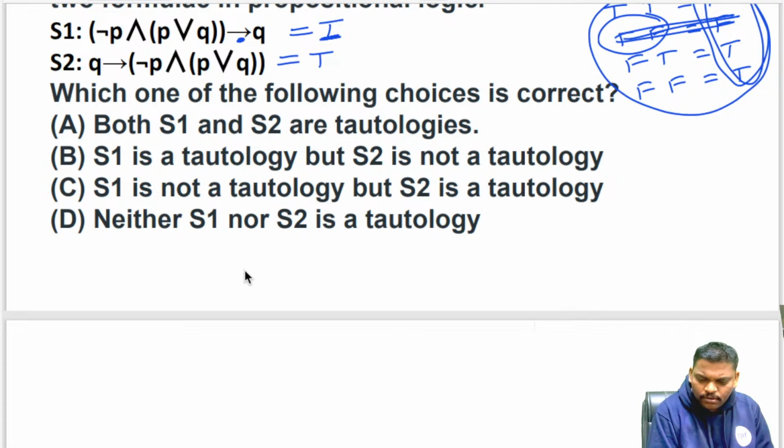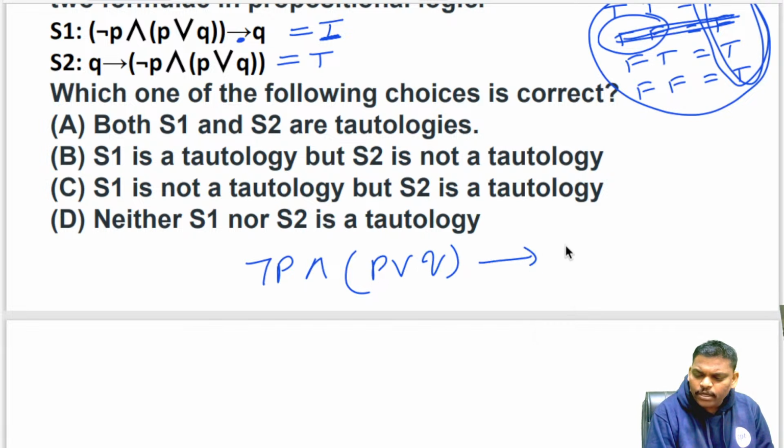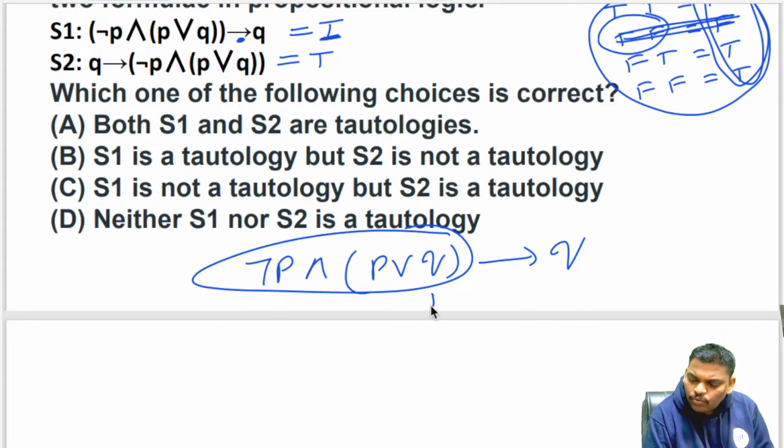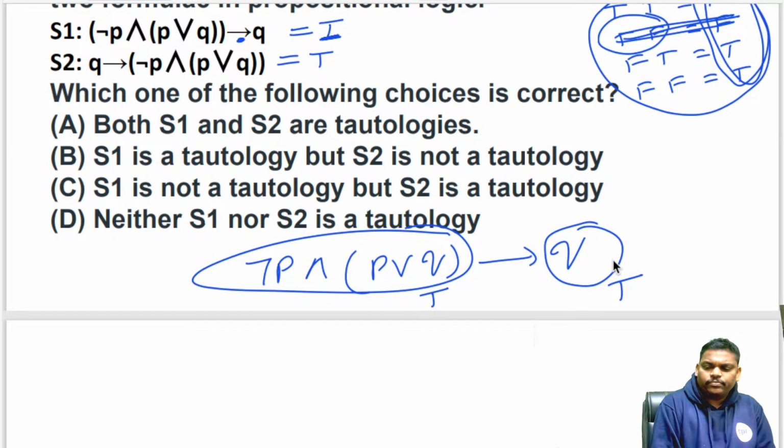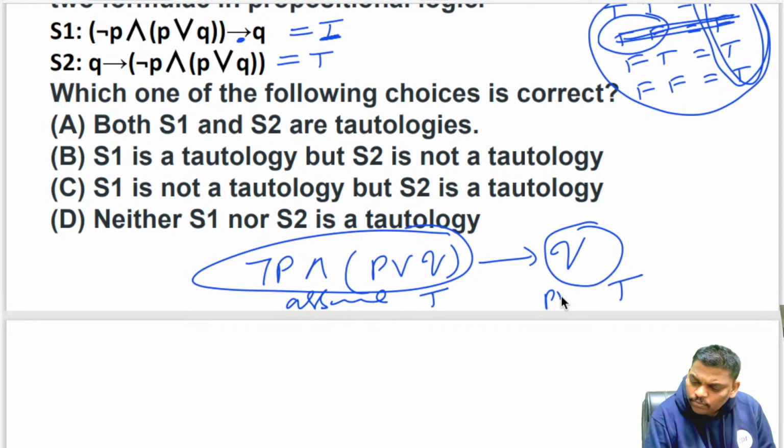Take negation P and (P OR Q) implies Q. If you want to prove the TF combination is not allowed, assume the left side is true, and by assuming left as true, prove the right side is also true. That is one choice.